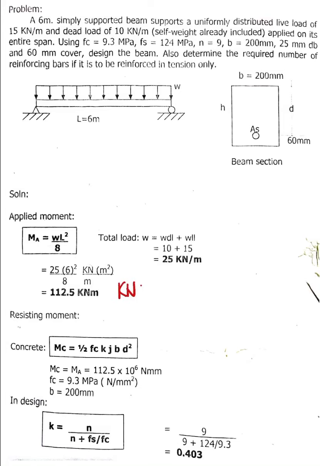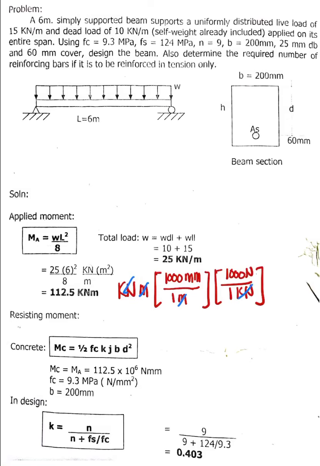So convert kilonewton meter to Newton millimeter. That is 1000 millimeter over 1 meter, and then times 1000 Newton over 1 kilonewton. Cancel. So you have 112.5 times 10 power of 6 Newton millimeter.